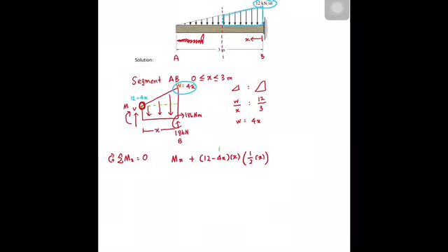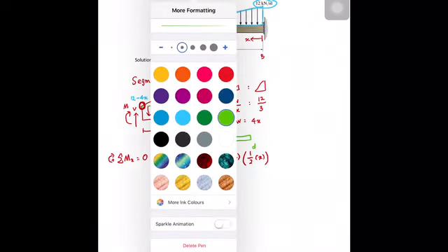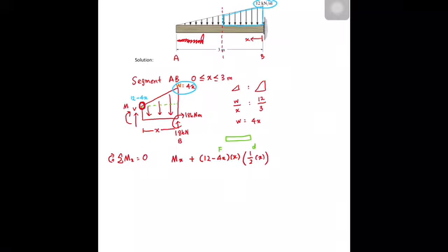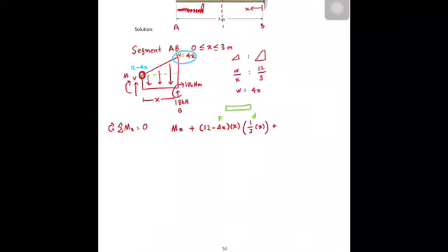So put the notes. This is your F and this is your distance, and this is for the rectangular, the UDL. Okay, and then solve for the triangle. Plus 1/2 times 4x times x times 2/3 times x.